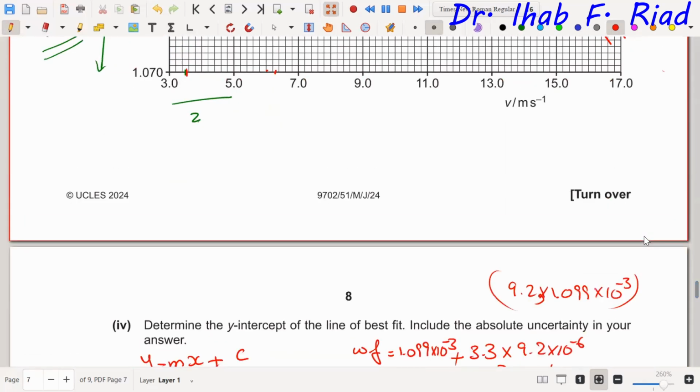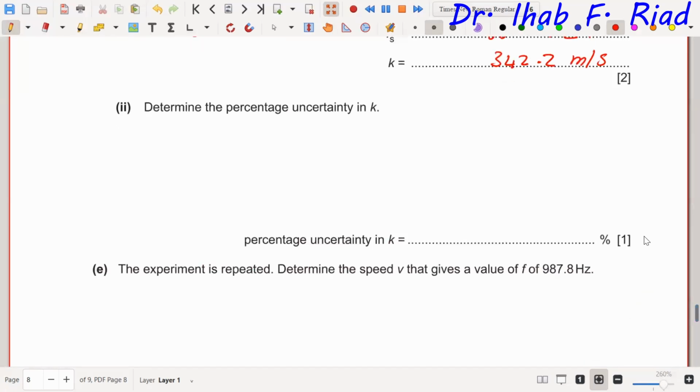Let us proceed further. Determine the percentage uncertainty in K. So we say that K is equal to what? One over gradient multiplied by Fs. Multiply 1 over Fs.